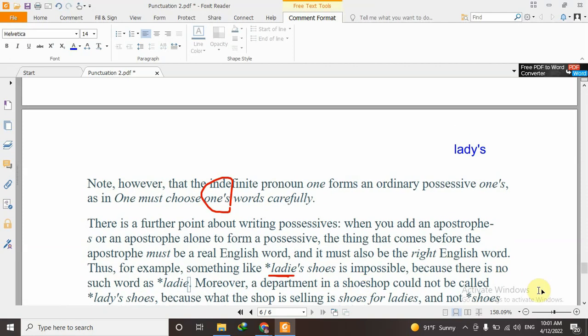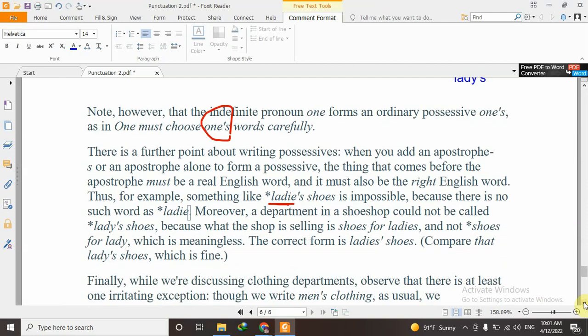So it is better to write what? Shoes for ladies, or what? Ladies, it can be ladies here. Look: ladies shoes. Okay, ladies shoes. I had to say that. Okay.